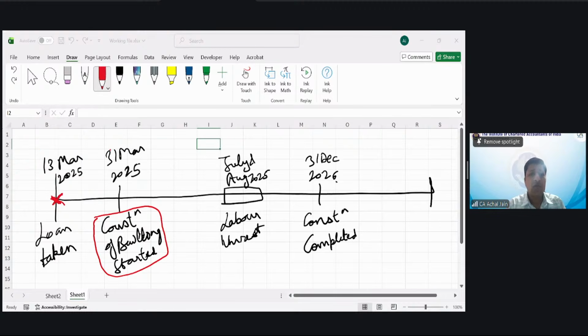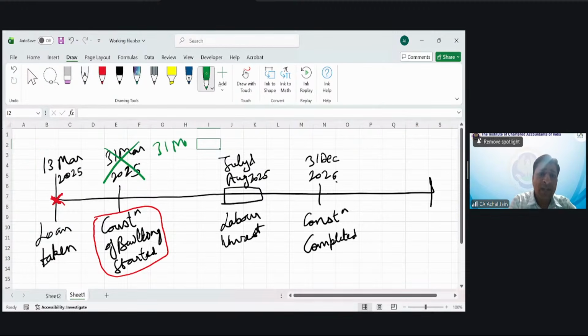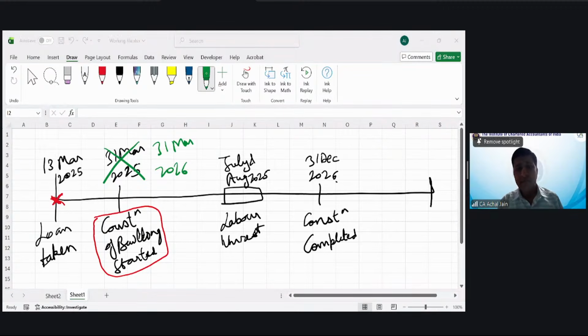Let's suppose up to 31st March, as we discussed, there's no building. For the next 1 year, will you keep adding the interest to the building which is not in existence, for which no construction is going on, for which no active development work has started? Let's suppose for the next 2 years, no construction is going on. So will it be appropriate?